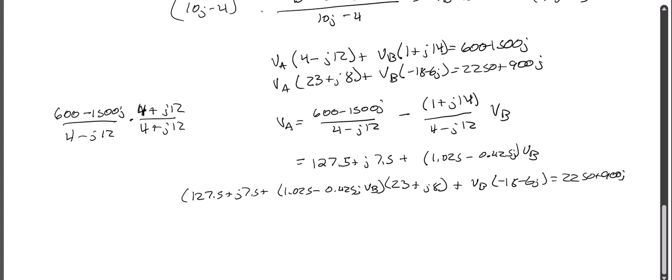And then you can solve for VB, and you get VB is minus 24.4 minus 53.2j, and VA is 79.83 minus j36.66.